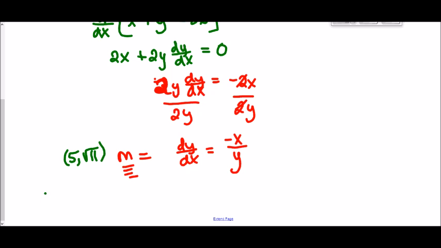So to get our tangent line, our slope is just what we plug into our derivative. So that's going to be just m. So m is negative x over y. So x is 5, so we're going to have negative 5 over y. y is the square root of 11. This is our tangent slope.